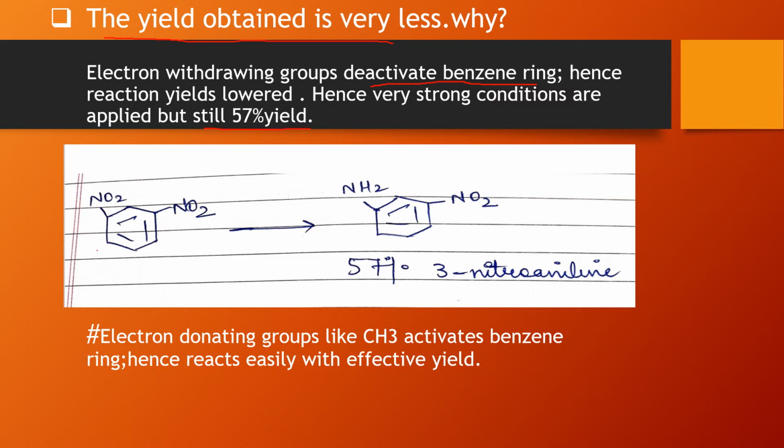Like this is dinitrobenzene and it is converted into meta-nitroaniline, but we get only 57% of the yield because here the electron withdrawing NO2 group is attached, so it will deactivate this benzene ring and hence the yield is very less. Electron donating groups like CH3 activate the benzene ring, hence it reacts easily with effective yield. So if there is any electron donating group like CH3 or any other, then we get an effective yield. Otherwise, the yield is lowered.